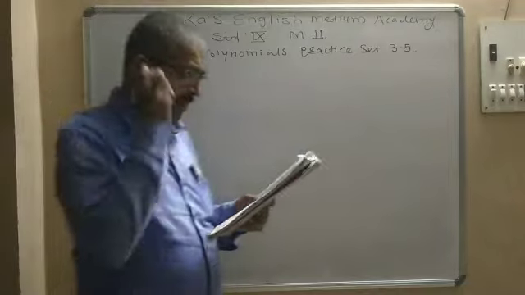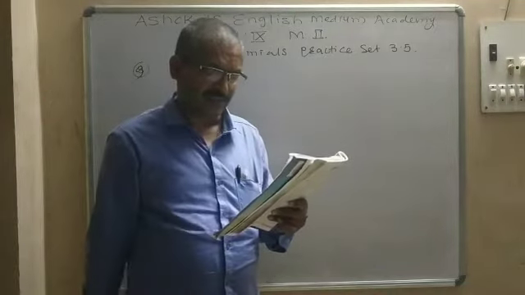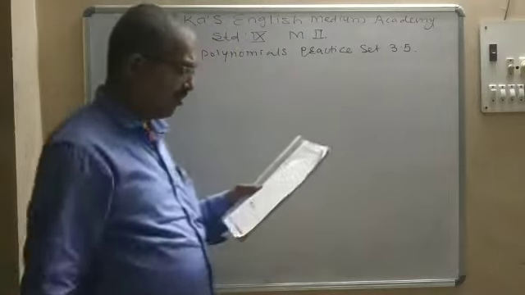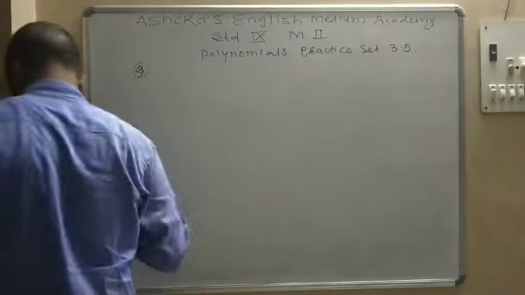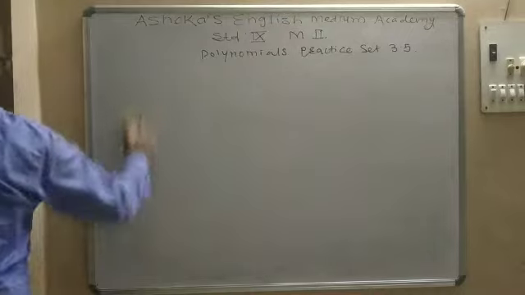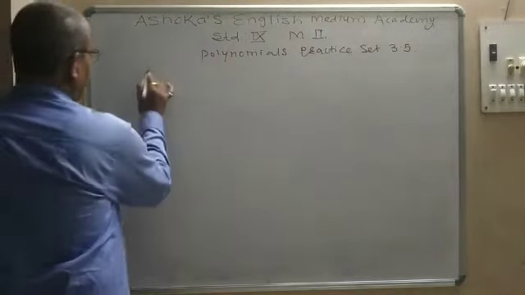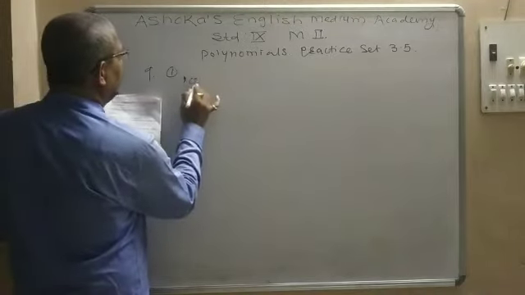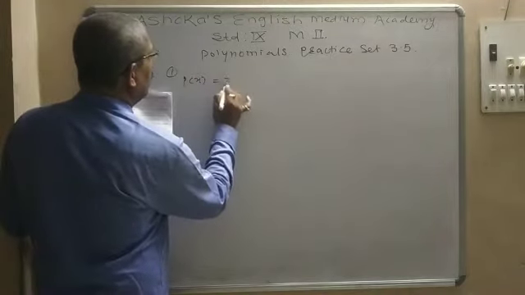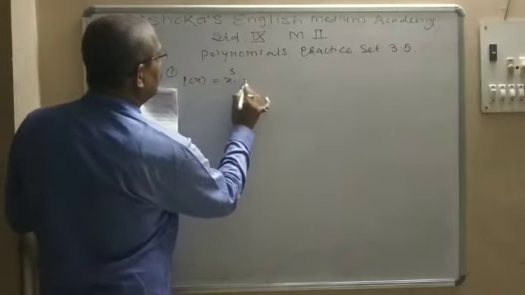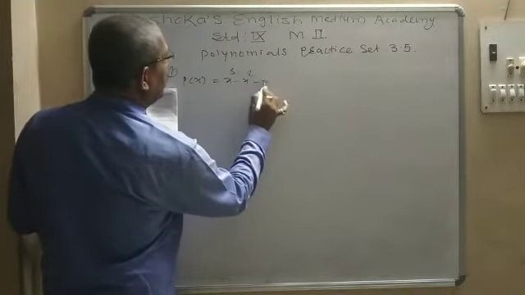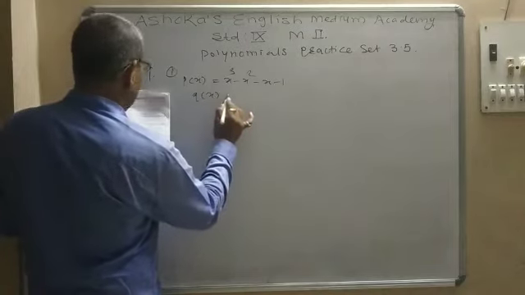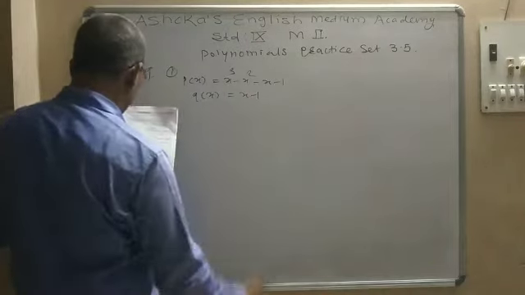What is asked? By using the factor theorem in the following examples, determine whether q(x) is a factor of p(x) or not. So question number 9 first. Here p(x) is equal to x cube minus x square minus x minus 1, and q(x) is equal to x minus 1.